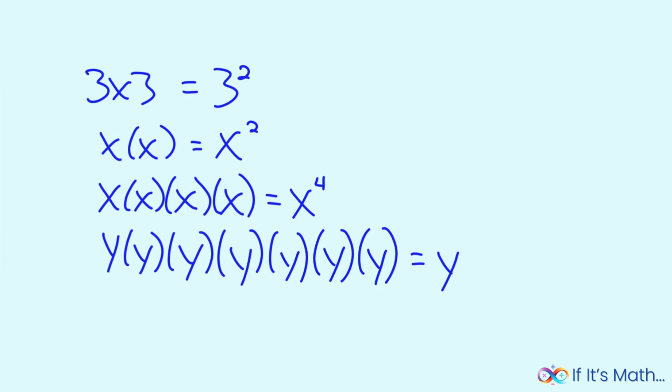And then to figure out what the power is, I'm going to add it all up. So I've got 1, 2, 3, 4, 5, 6, 7 of them. So that tells me the exponent is going to be 7. So that's y to the 7th power. So that's what exponents are. It's just multiply whatever is in that base by itself, however many times is indicated in that exponent.